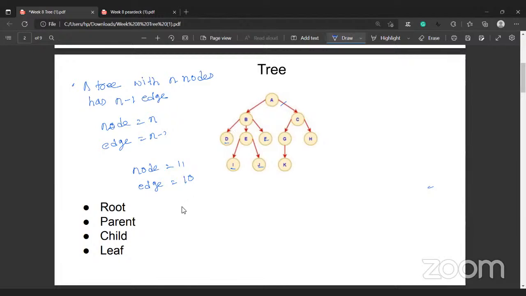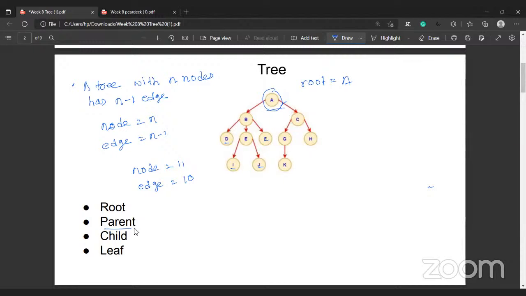The node at the top of the tree is called the root node. In the above tree, this is the root node. So root will be A, right? And one important point, there is only one root per tree. So this is the root node. A is the root node.